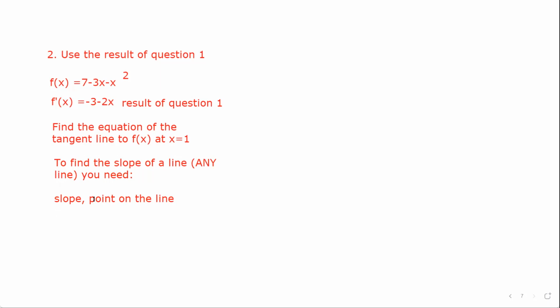Now, here's what we have so far. We know that x is equal to 1 and we have the function. Sometimes they'll give you an ordered pair. Here, they give you half of an ordered pair. They don't give you the other piece of it.